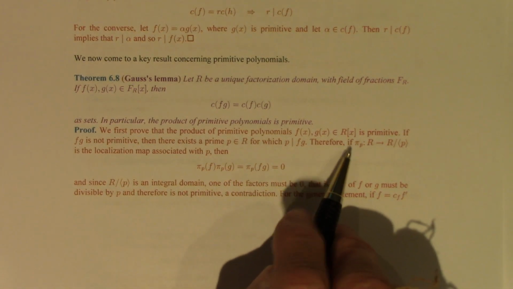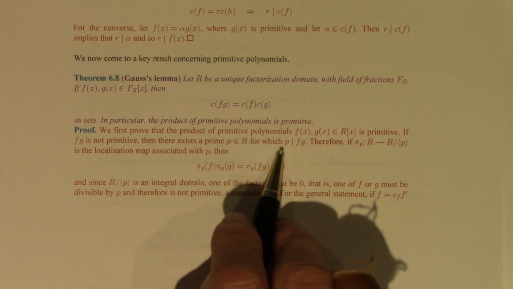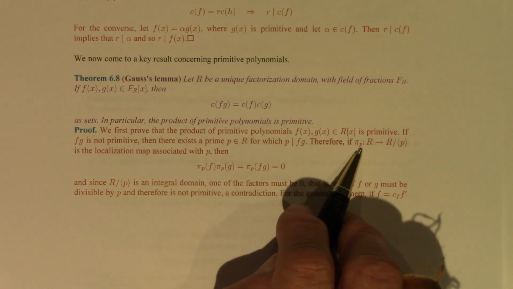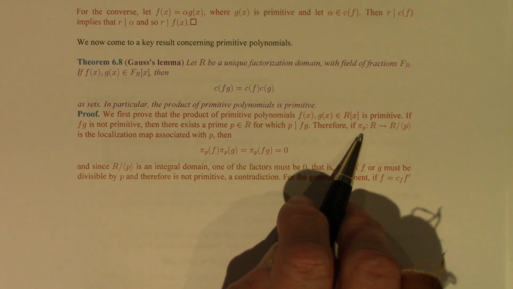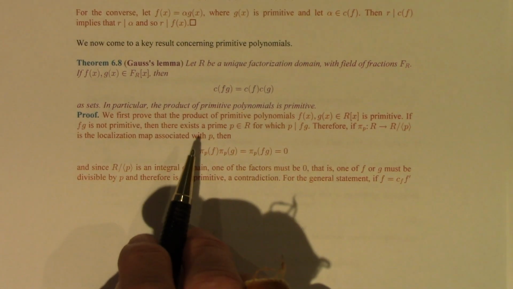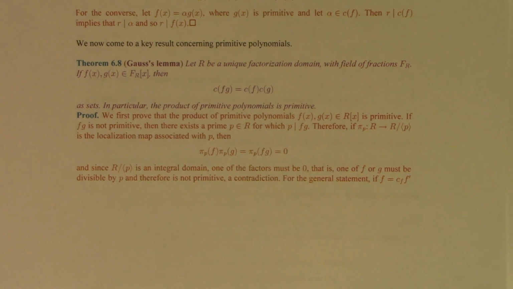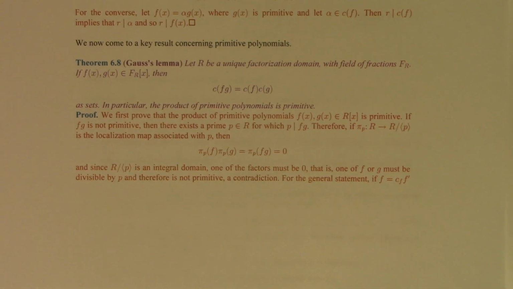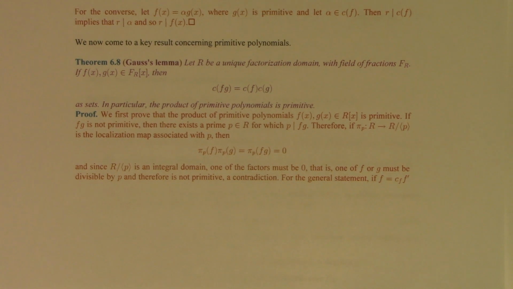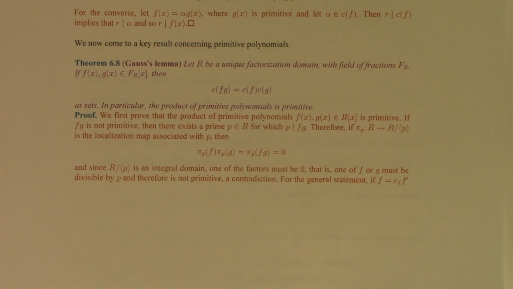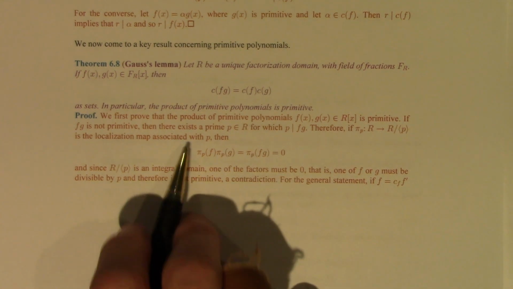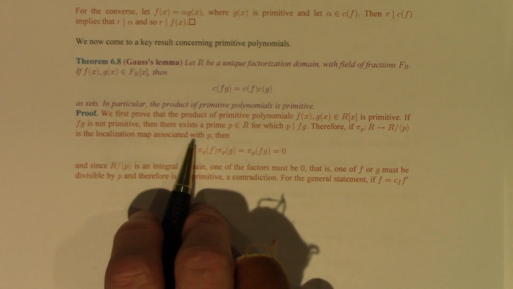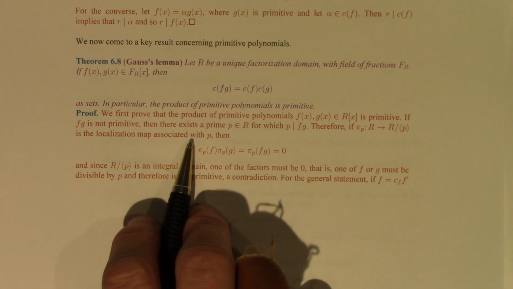Call the prime P, and consider pi sub P, the localization map that we talked about earlier. It sends an element to the coset of the ideal generated by P, represented by that element. The localization map is a ring homomorphism.